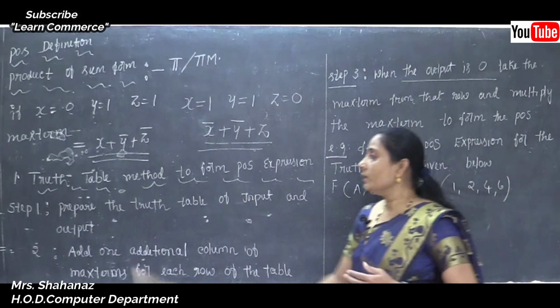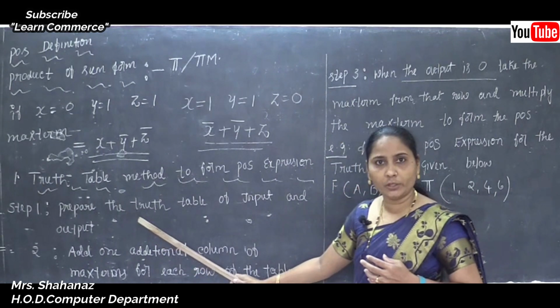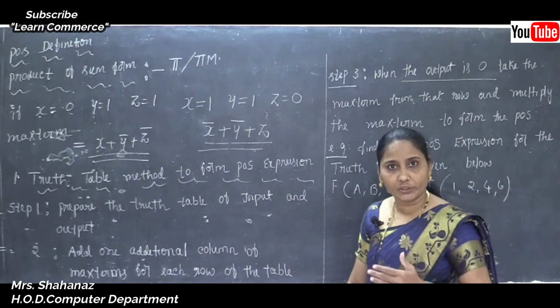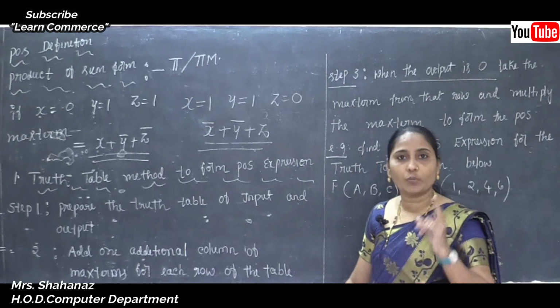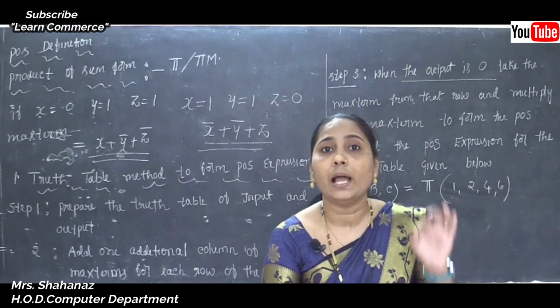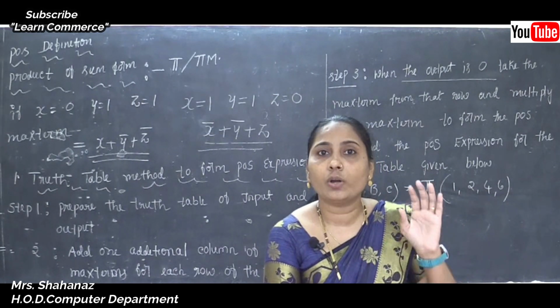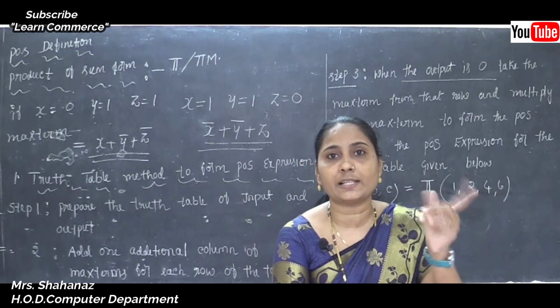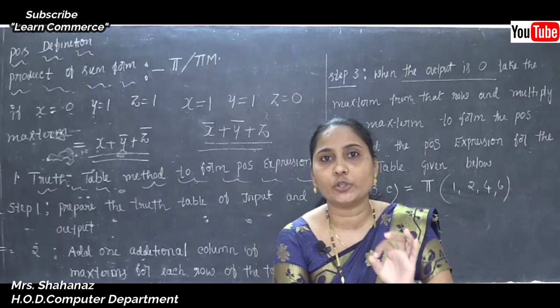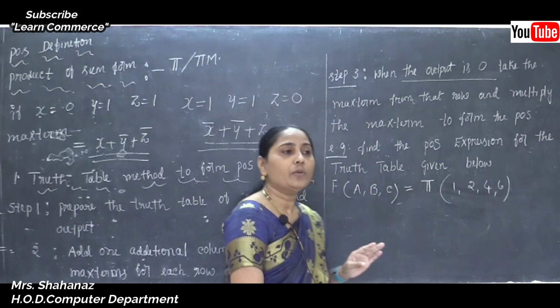So not only the input and output, depending on the values we prepare the truth table, we also need one more additional column. The name of the column is the max terms. Here I am using the value x plus y plus z. If any value is 1, I am going to use the complementation for that variable.